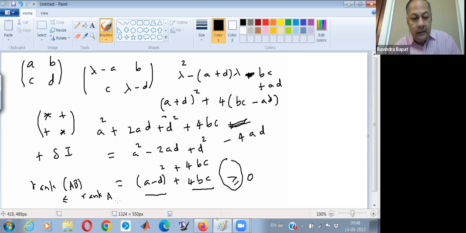But the proof that we learn is over a field. But suppose I have a matrix over a commutative ring. I have to have commutative because determinant has to be there. Then if you have a commutative ring, we can always talk about rank through determinants, and then this inequality is valid. But the usual proof doesn't work.